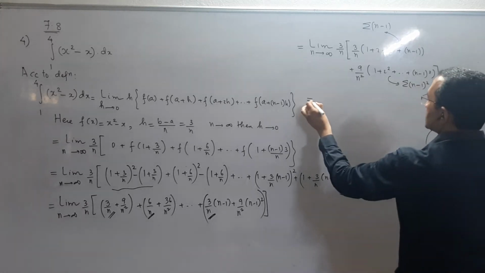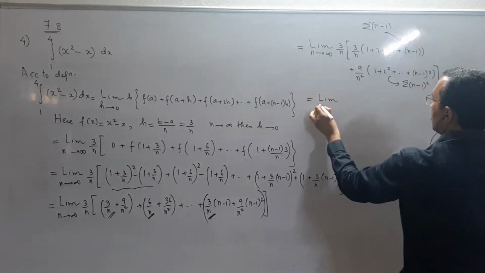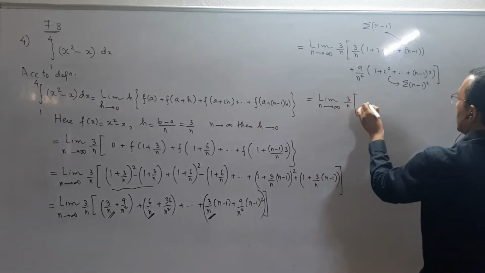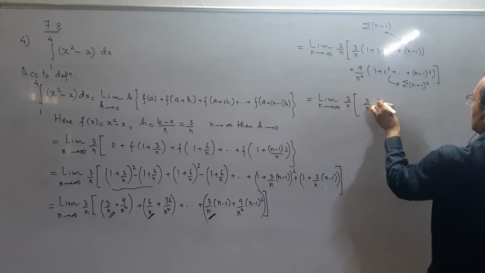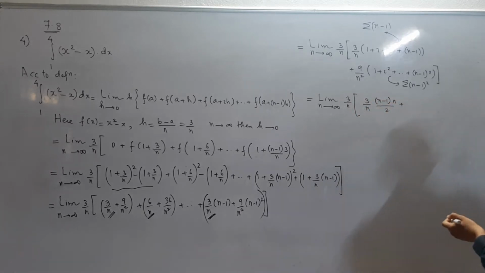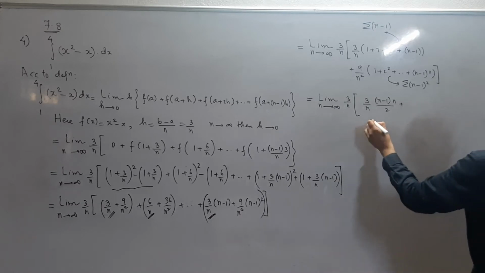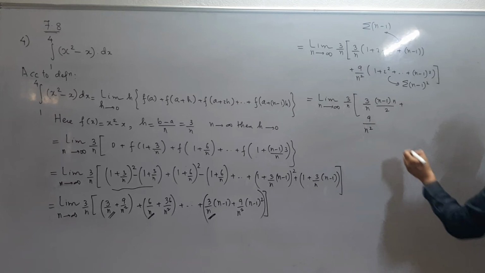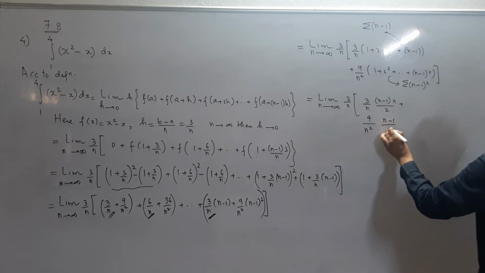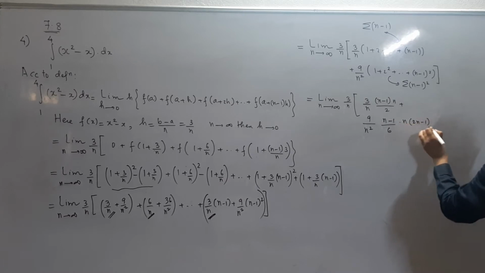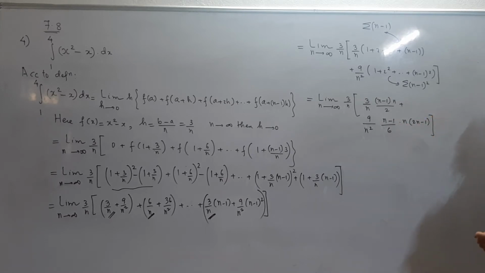Already in the last lecture we have discussed the formula. Limit n tends to infinity, 3 by n into n minus 1 into n by 2, and this will be 9 by n square, into n minus 1 by 6 into n into 2n minus 1.